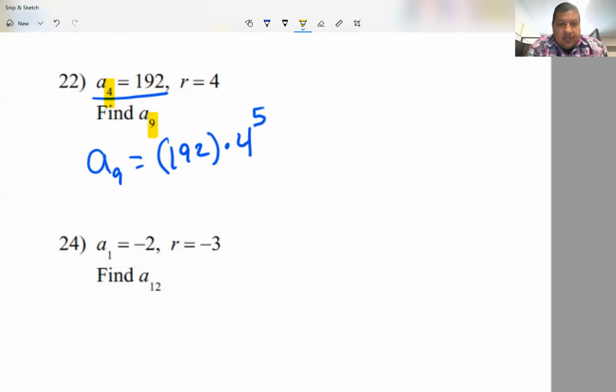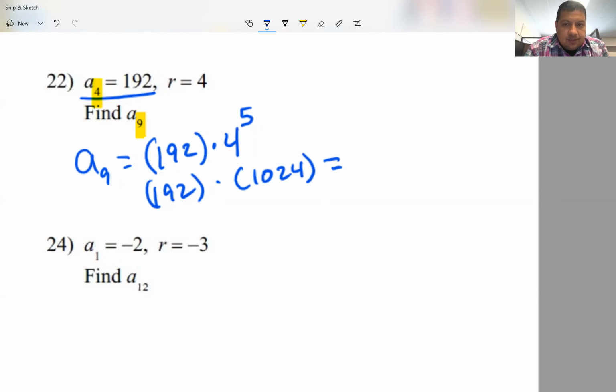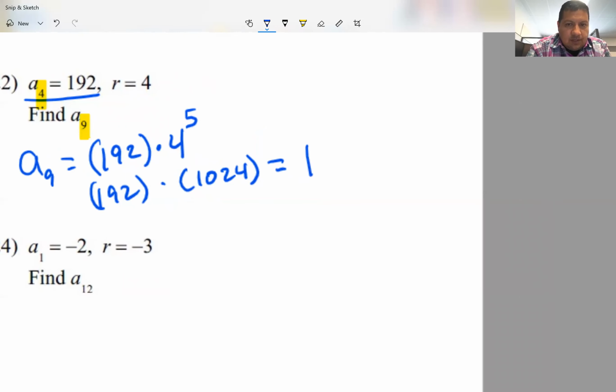All right, let me find out what 4 to the 5th is, because 192 is just 192. 4 to the 5th power is 1,024. When I multiply these numbers, my answer will be, let me write this down, 196,608.